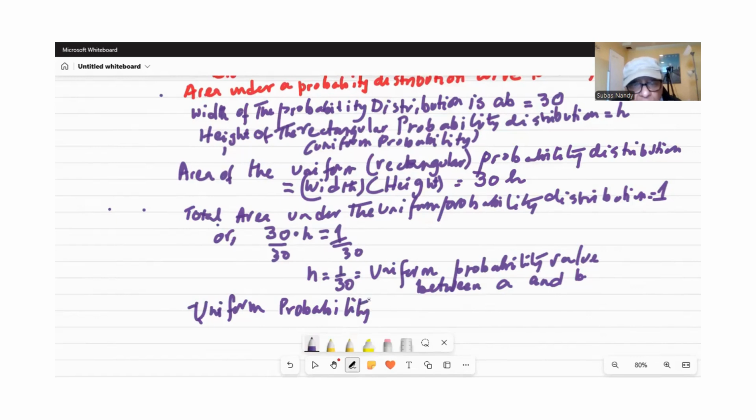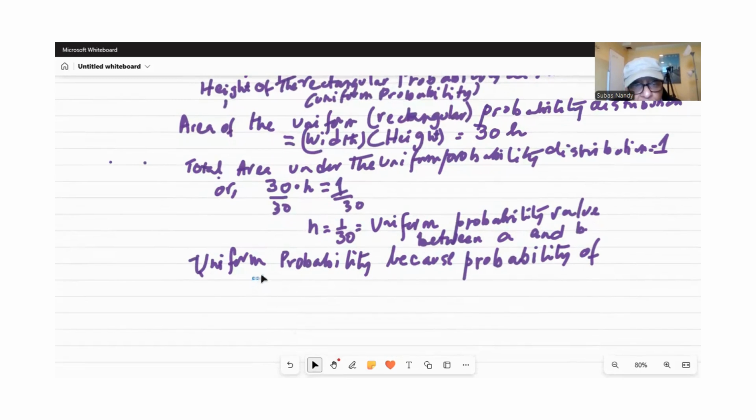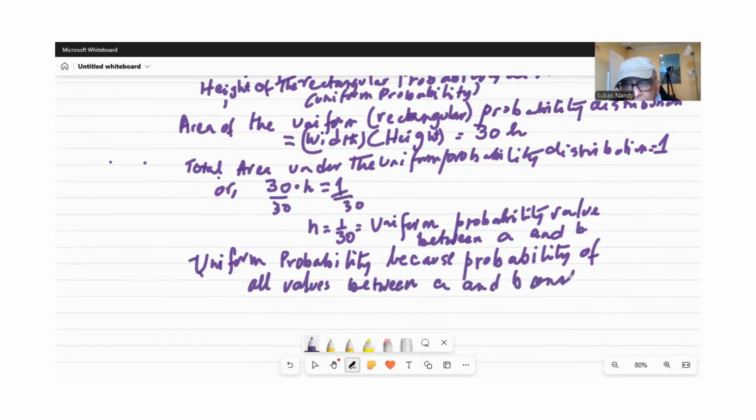Because the probability of all values between A and B is constant, constant at 1 over 30 seconds.